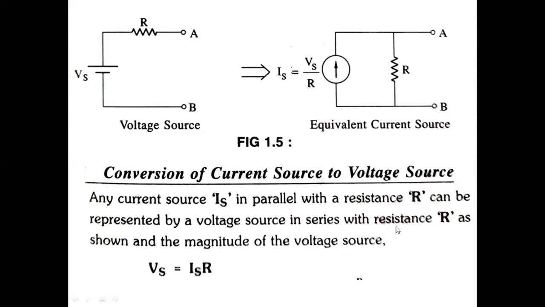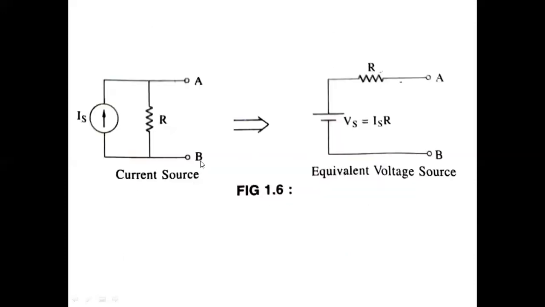Any current source in parallel with the resistance R can be represented by a voltage source in series with the resistance R as shown in the figure, and the magnitude of this Vs is given by Is into R. This is the current source and its equivalent voltage source.